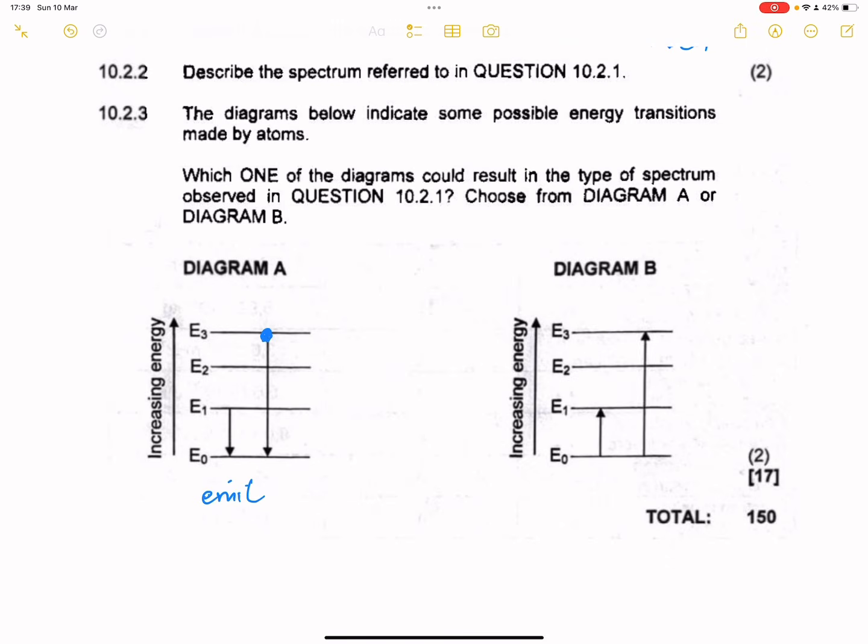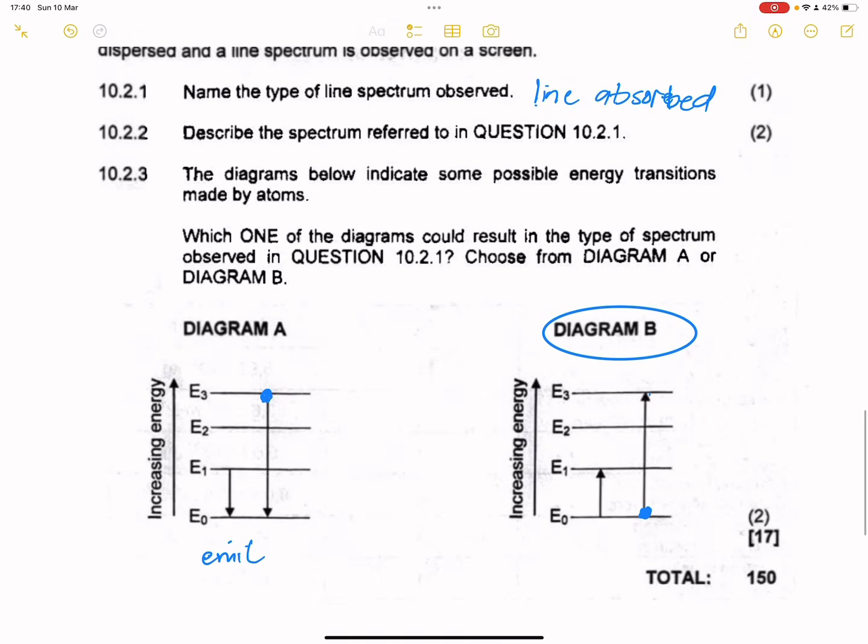So this is definitely a line emission spectrum. But in B, we are going from the lowest energy level to a higher energy level, and in so doing we require energy, so energy will be absorbed. So definitely diagram B is the one that has to do with the transition that we spoke of.